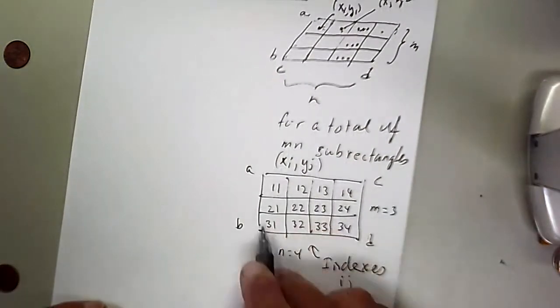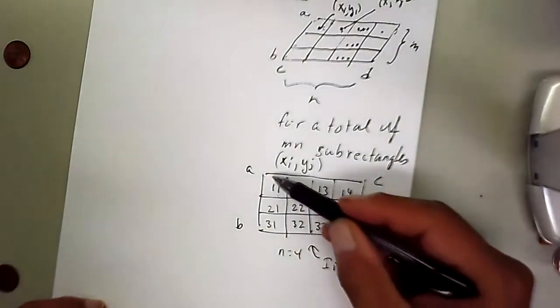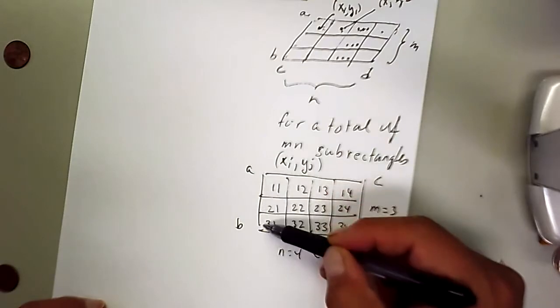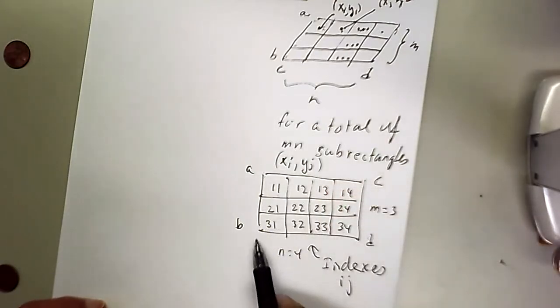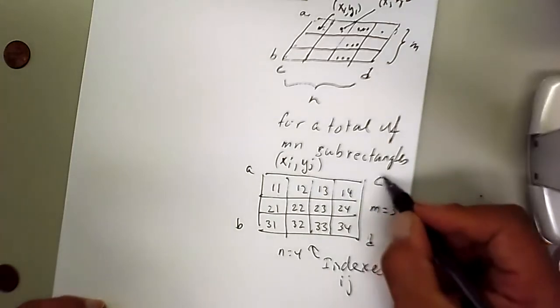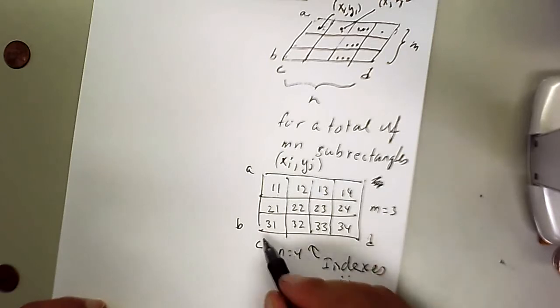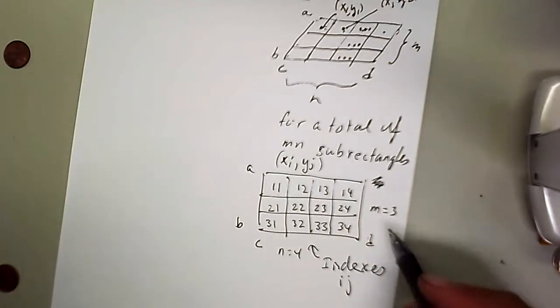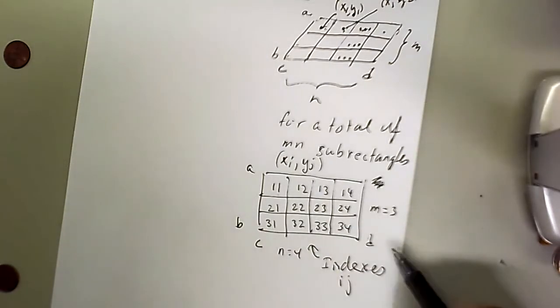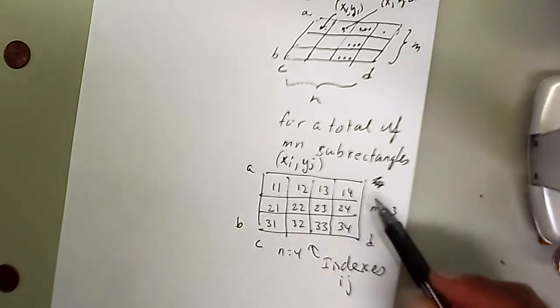But here more concretely, we're splitting the X interval into 3 subintervals and the Y interval, C to D, into 4 subintervals. And that's how we obtain, in this case, 12 sub-rectangles.